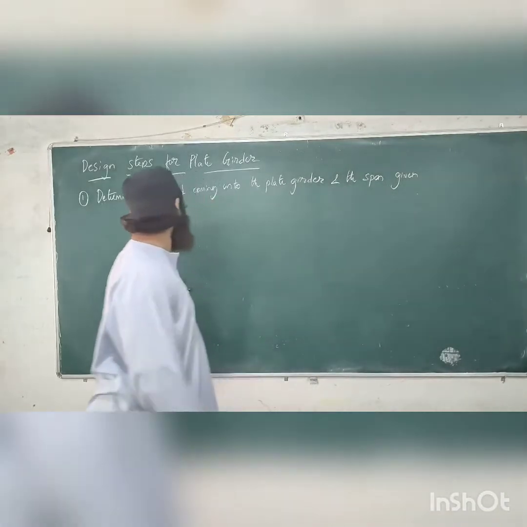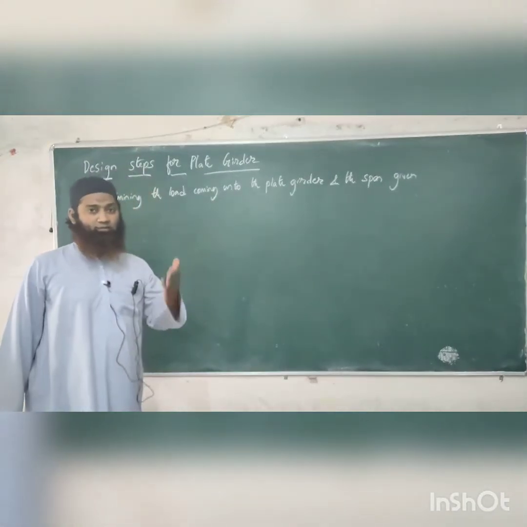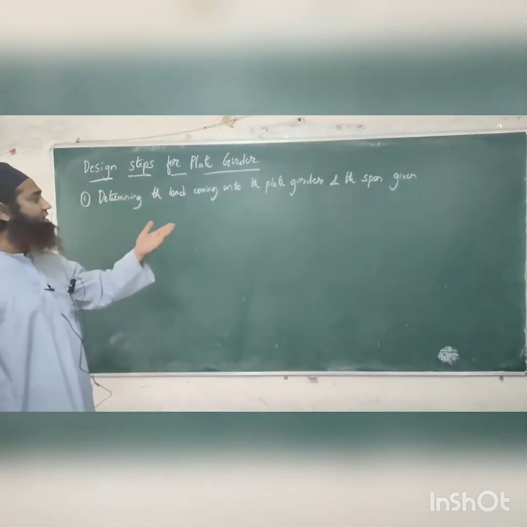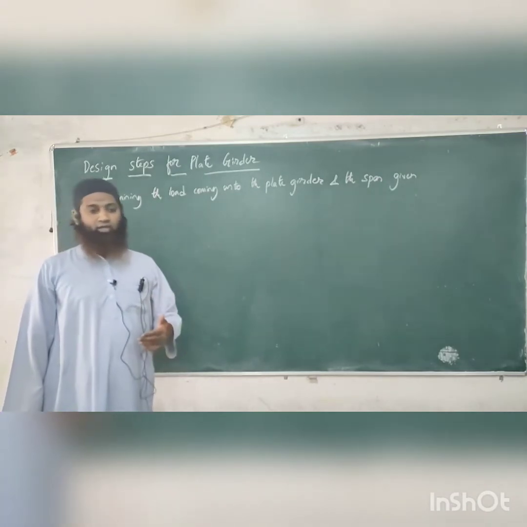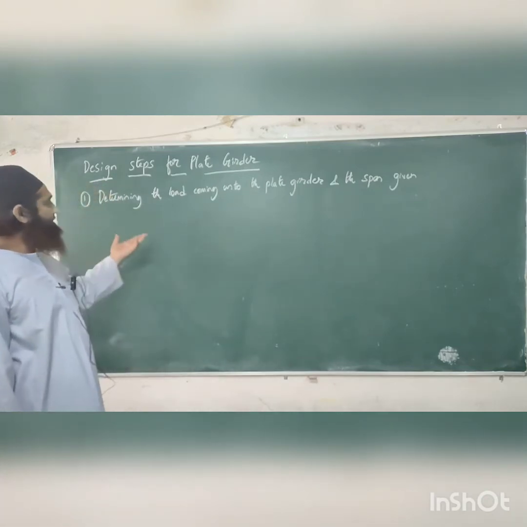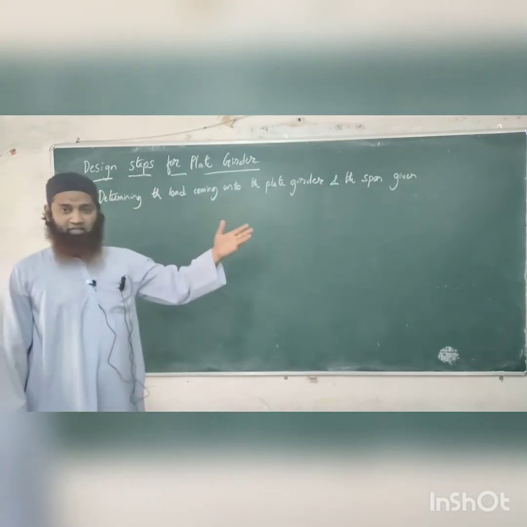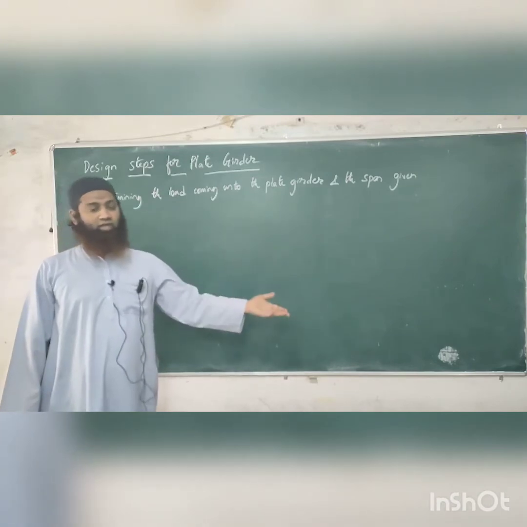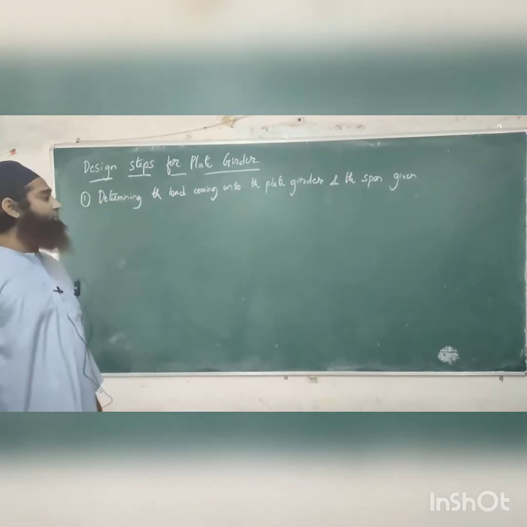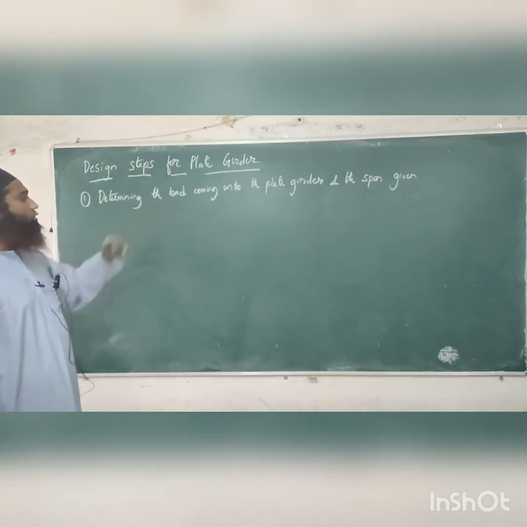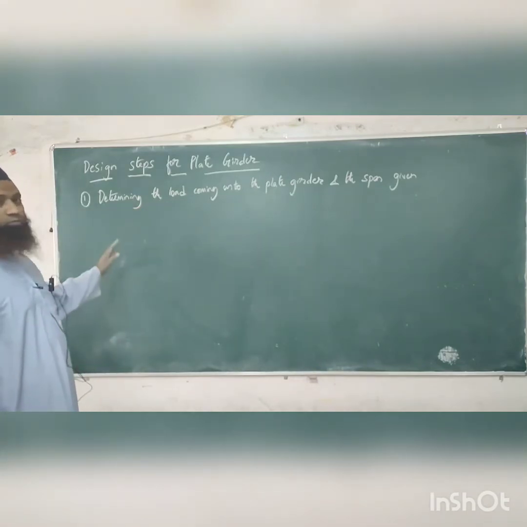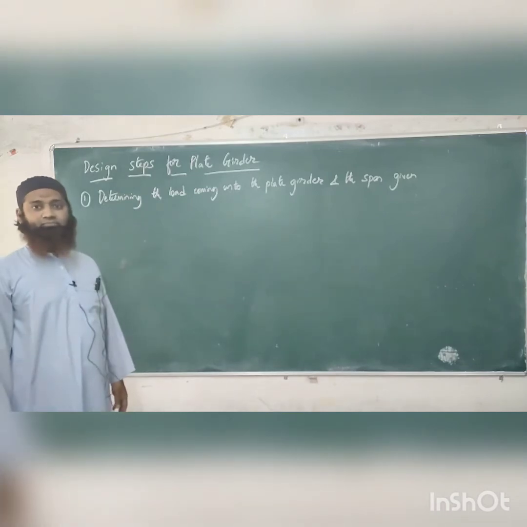Basically, first we will see what load is coming onto the plate girder and what span is given for this basic problem. It will be a UDL and sometimes a point load can also come here. So we will see that specifically, then we will see what span is given, and therefore we can go for the next step. Hope you all have understood what type of load comes onto this plate girder. So it is a UDL.